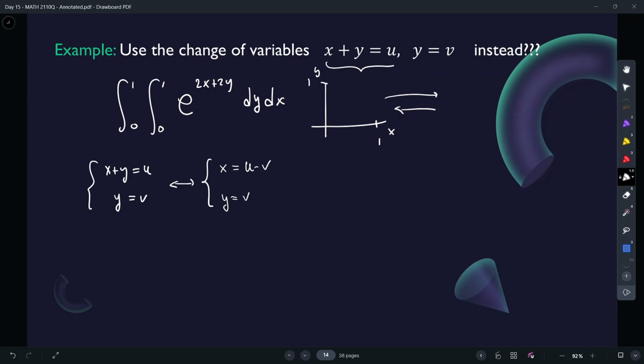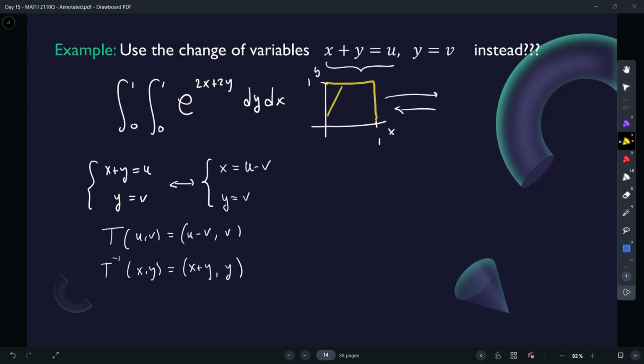Okay? So the transformation I'm using here is T(u,v) = (u − v, v), and the inverse is T(x,y) = (x + y, y). That's the transformation we're working with. And I want to know what sort of region I get over here.